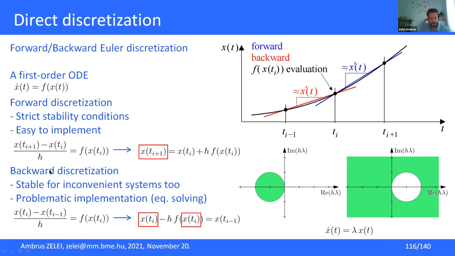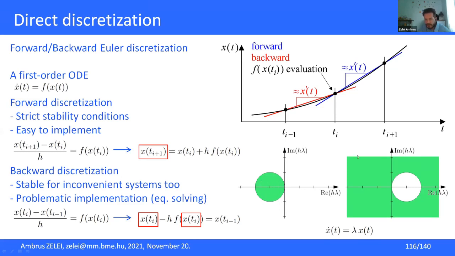But the benefit of using the backward scheme, the red one, is that it is much more stable. If you check the stability diagram, it shows that there is a very small region for the forward scheme. So we have to choose the time step very carefully for this model equation. Otherwise, the solution will not be real.